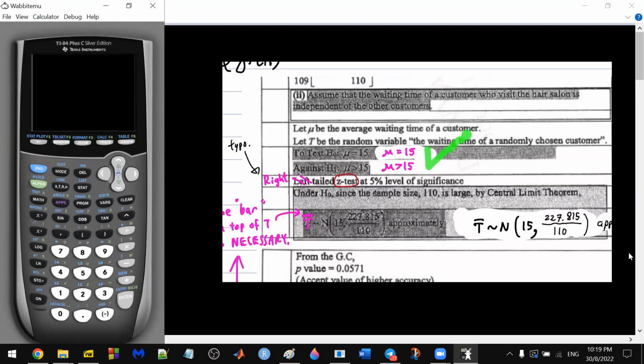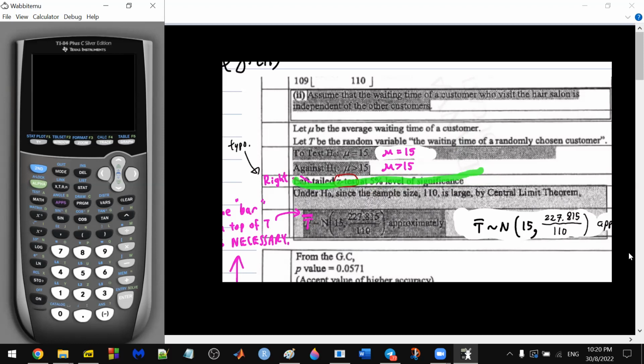Now step 2, we want to determine an appropriate test statistic and its distribution. We are only doing a Z test. And here it's a right tail test at the 5% level of significance. So this is step 2 and step 3, combined into one.